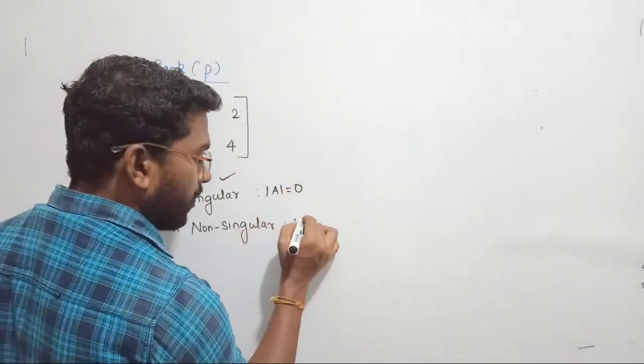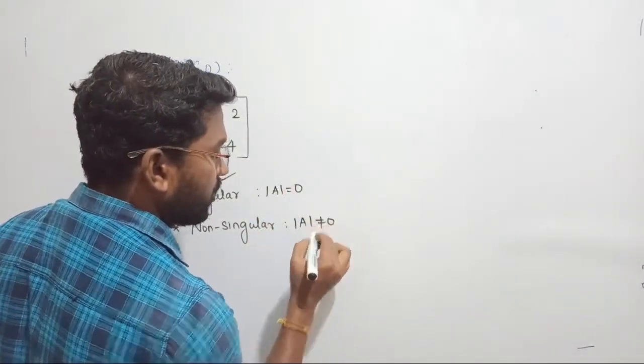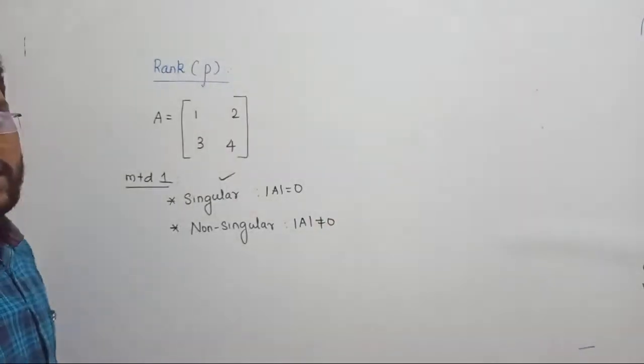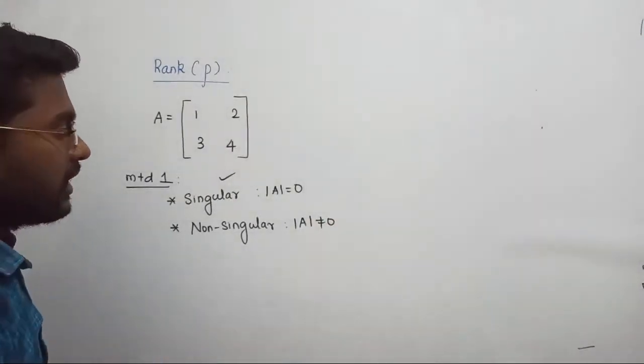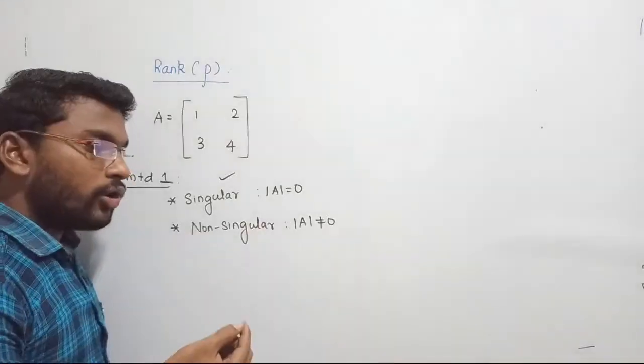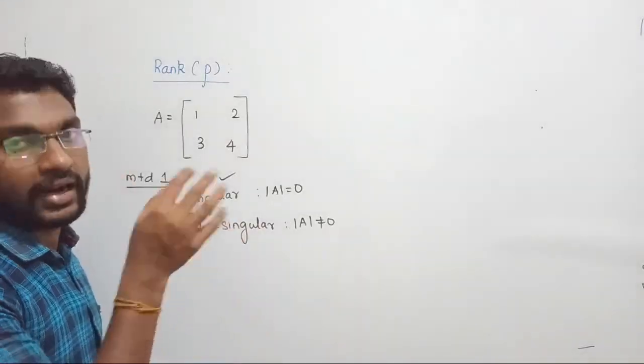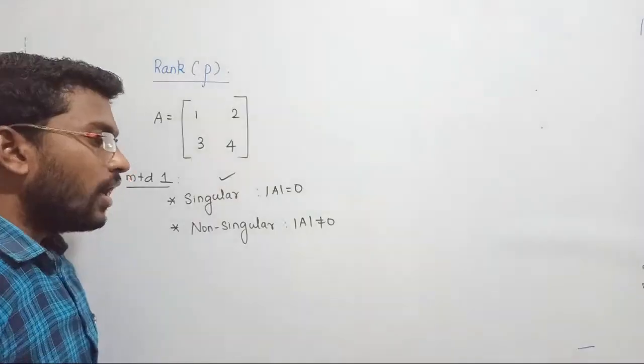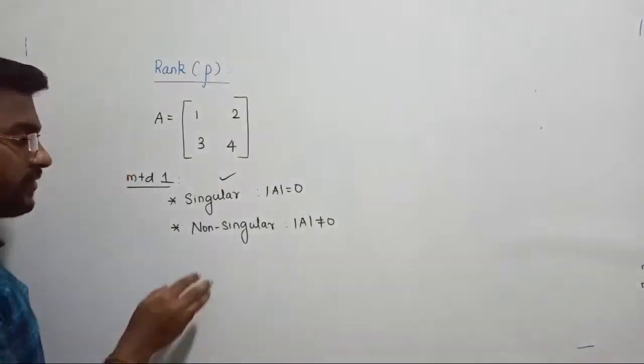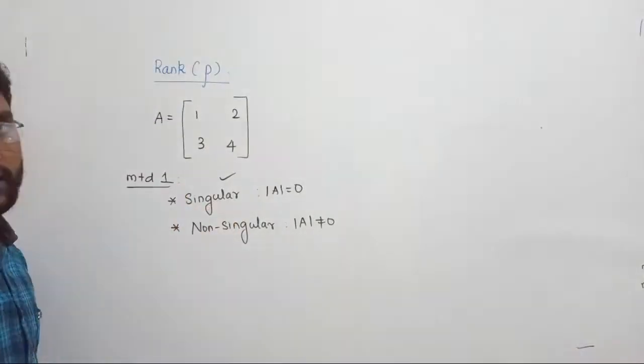If the determinant of the matrix is not equal to 0, then it is called a non-singular matrix. Here the determinant of the matrix is going to help us find the rank of the matrix. Let us see how we find the rank with the help of singularity and non-singularity.